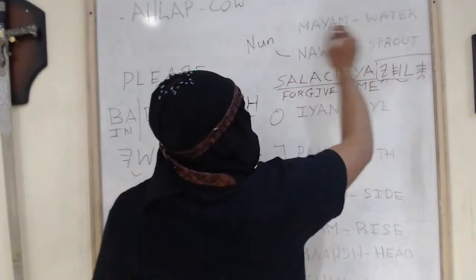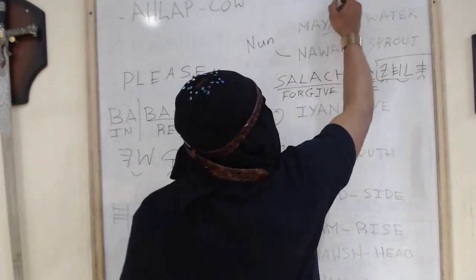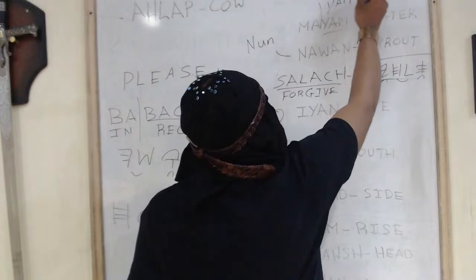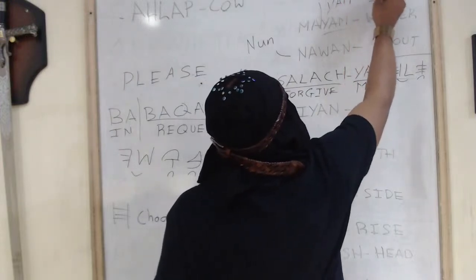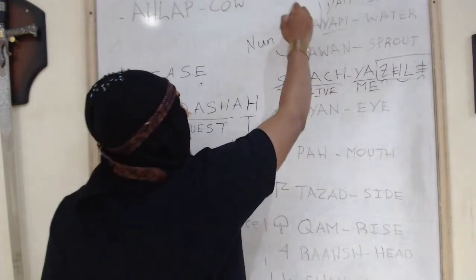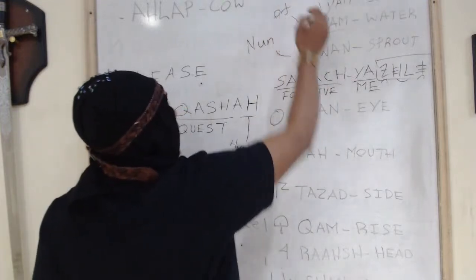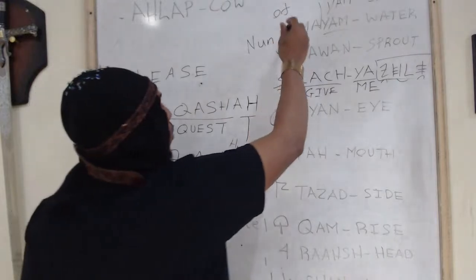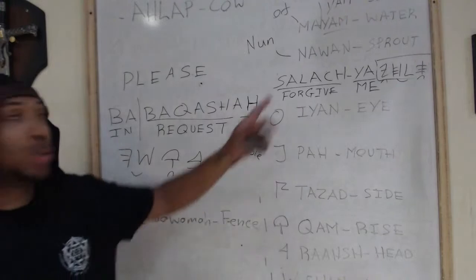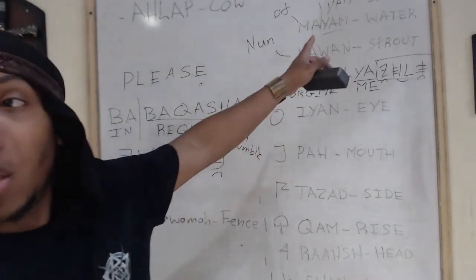From Mayim, water. Yam in itself is sea. We know that Ma is of, and then we can build upon that. We can have Shamayim, Sha meaning pertaining to.